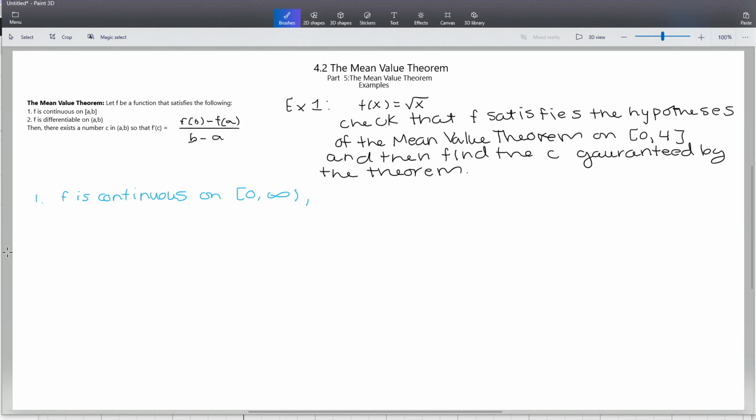And then we specifically want to mention the interval from the question. So we would say specifically that f is continuous on 0, 4.